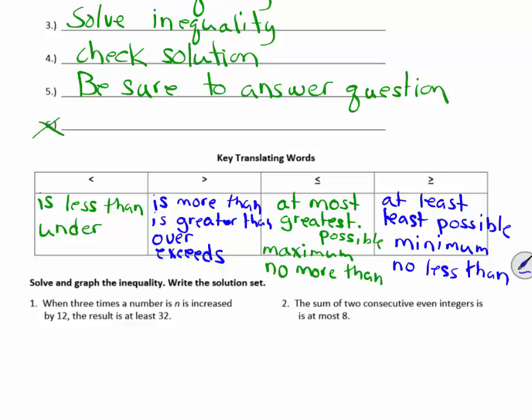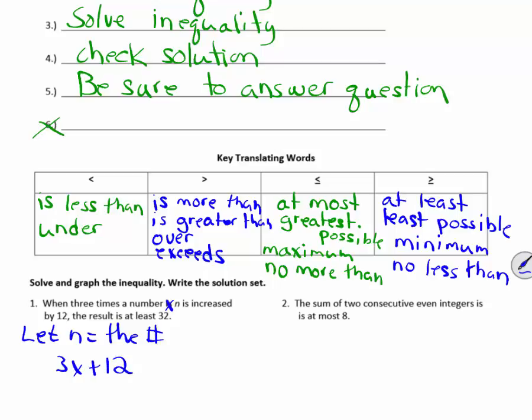All right, so let's see here. When 3 times a number n is increased by 12, the result is at least 32. So they've already told us the variable, so let n equal the number. So we have 3 times a number, 3n, increased by 12.